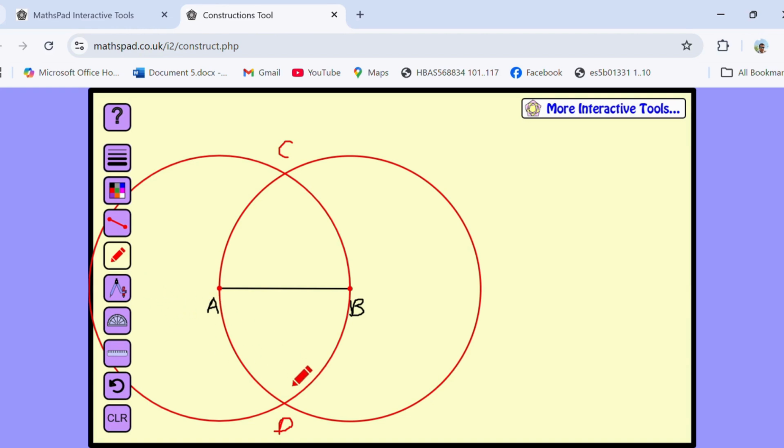Now with C as a center and CA as a radius, we draw another arc.